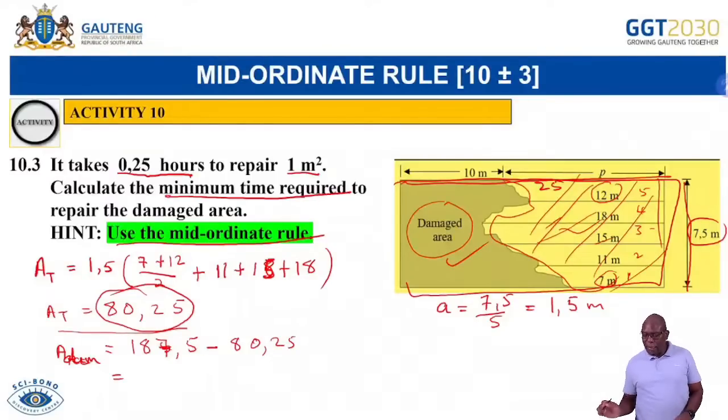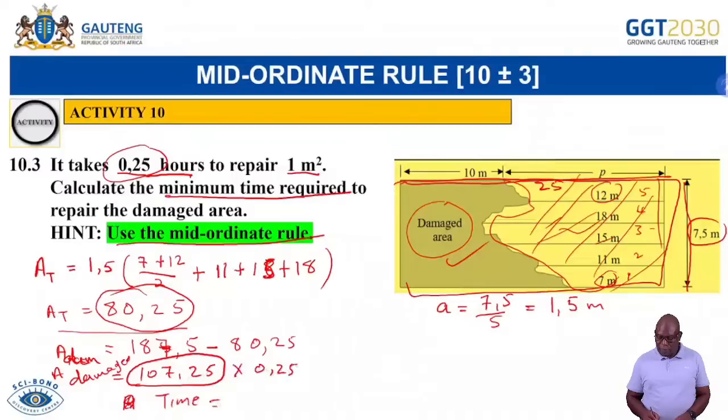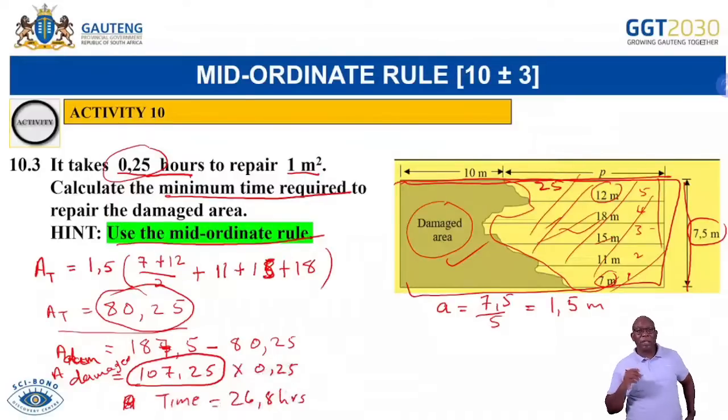Then once I get that area, I think I'll get 107.25. Then this area is the area of the damaged, right? But they say it takes 0.25 to do that. So the time that is going to be taken by that will be 105 times 0.25. And that will be 26.8 hours. Okay, so as I said, they asked it differently, but you must be able to do that.